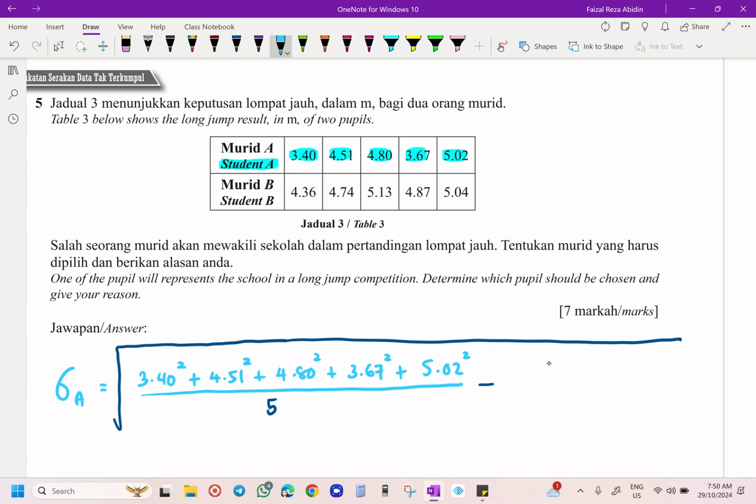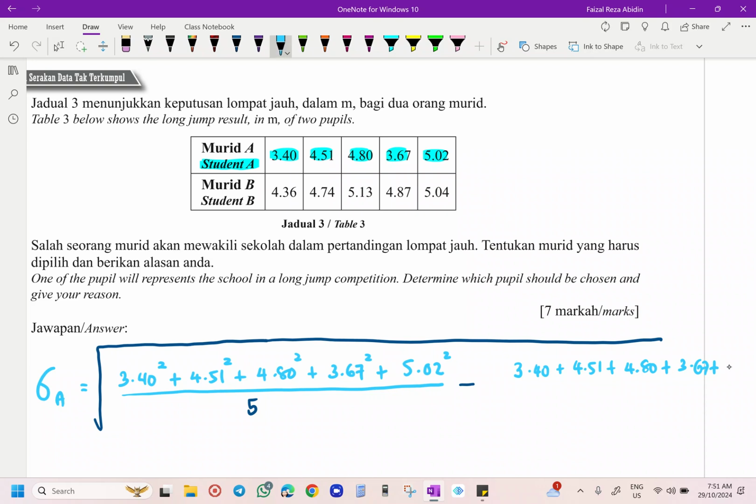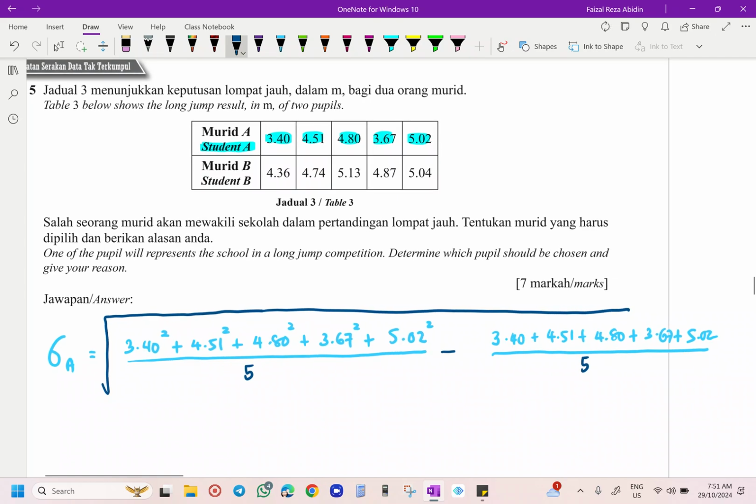We take 3.4 plus 4.51 plus 4.80 plus 3.67 plus 5.02, and divide by 5. Then the formula says the mean must be squared. Everything you have to square later. It's long, teacher.